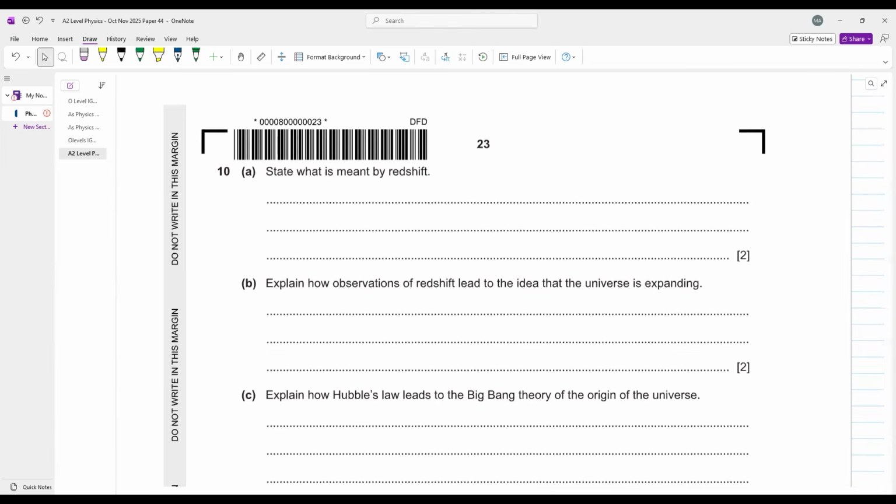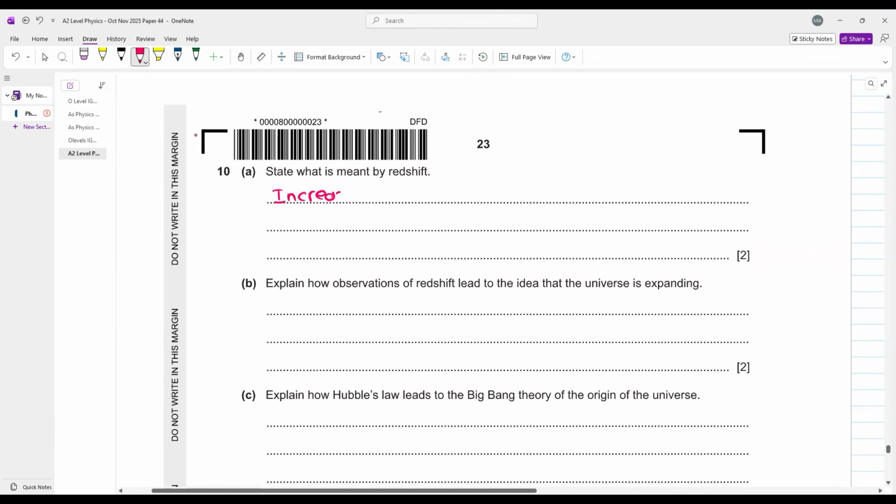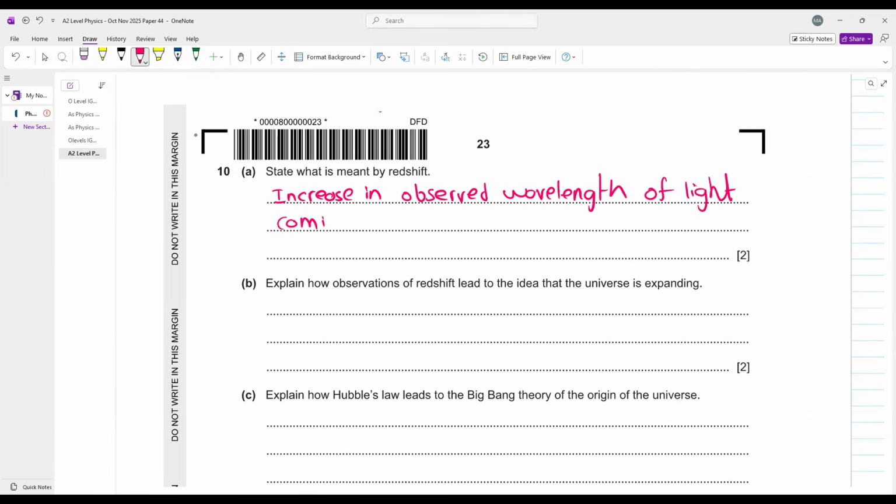State what is meant by redshift. Redshift का मतलब क्या होता है? Increase in observed wavelength of light coming from galaxies moving away from the observer या moving away from the earth. तो यहाँ पे आप लिखोगे: increase in observed wavelength of light coming from galaxies moving away from the observer.